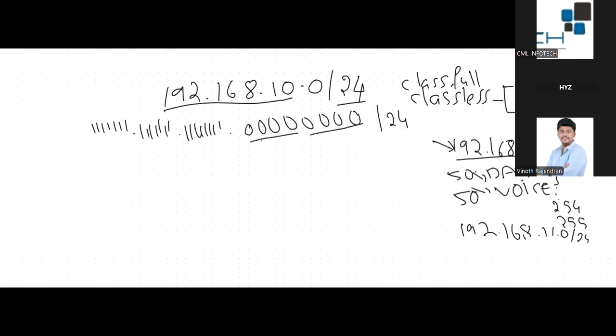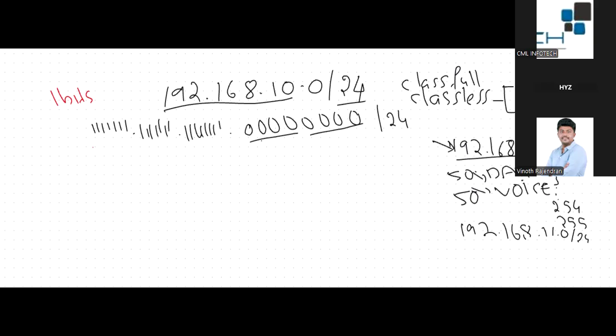So let me explain again. Let's say this is 24 as a default. I'm going to use 1 bit. It's easy to go with 1 bit. So when I say 1 bit, I already have 24 here.